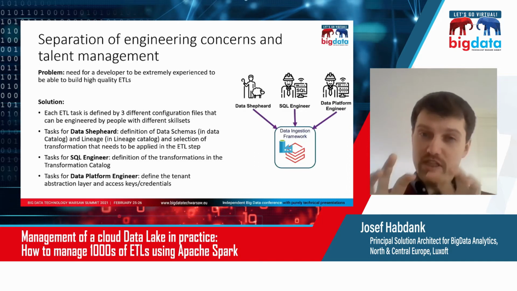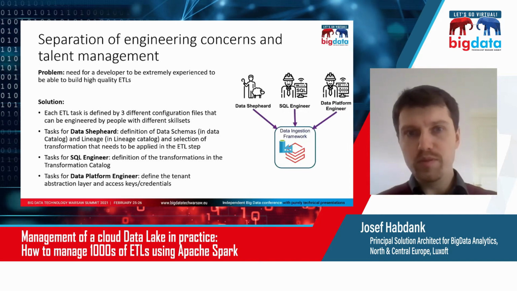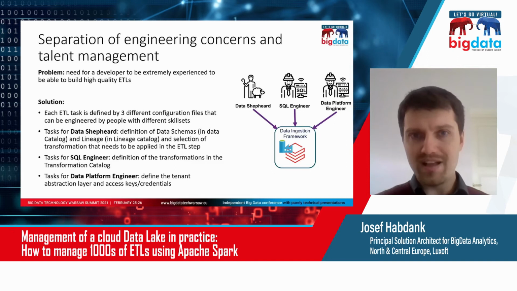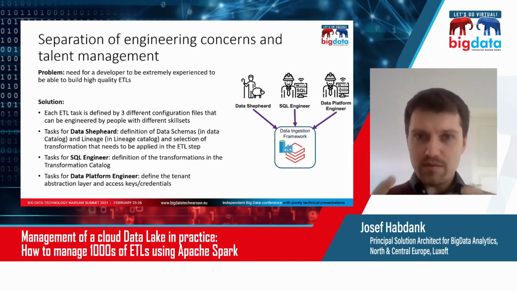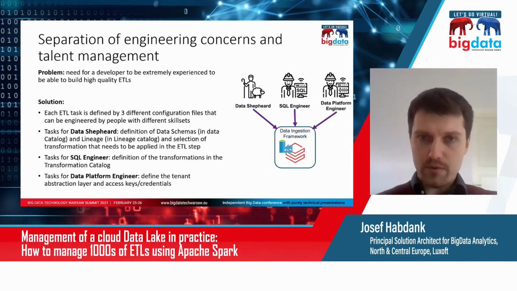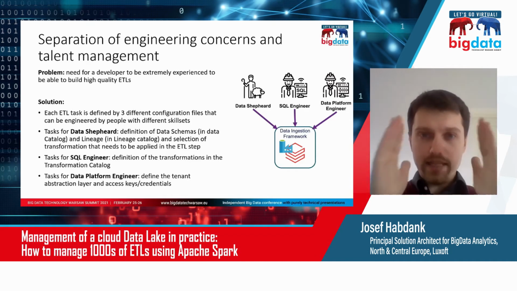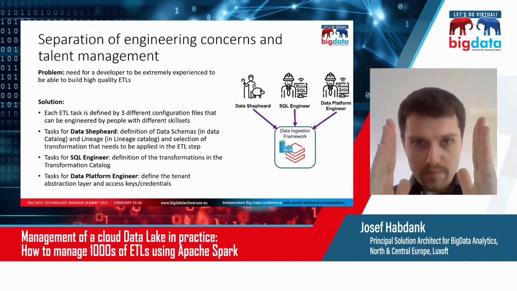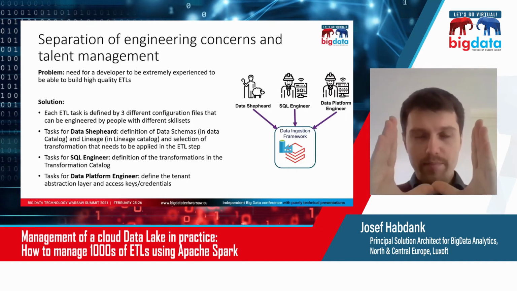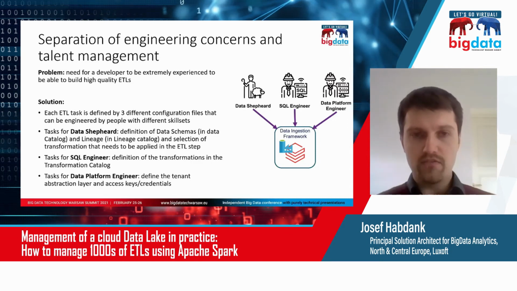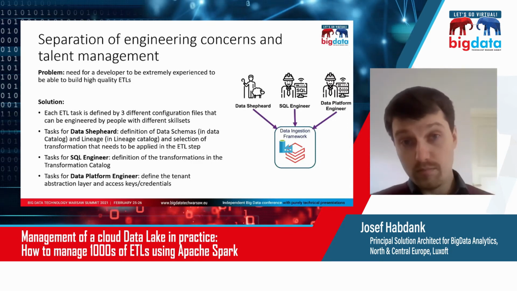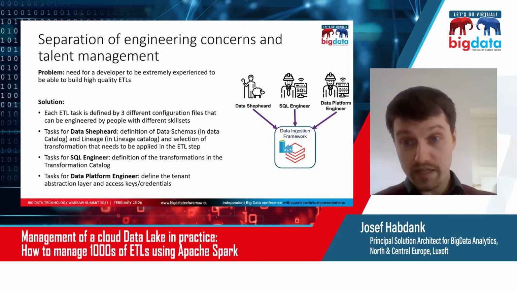Right? So we divided this framework, and if you would be doing a similar thing, I recommend you do this as well. We divided our system into 3 different separate areas, which you configure separately. And each of the people working thinks narrowly about their area. I only think about my small thing that I'm taking care of. The data shepherd cares about data models and lineage, meaning how they connect.